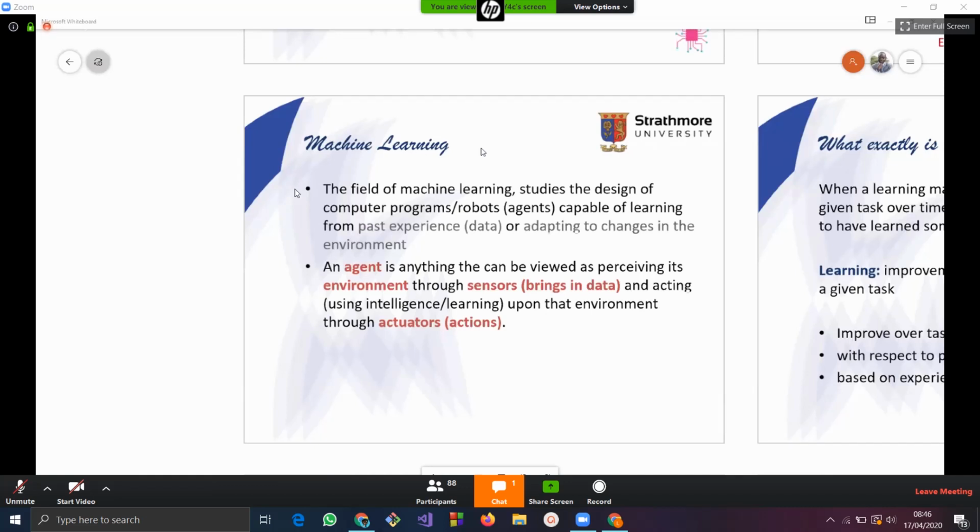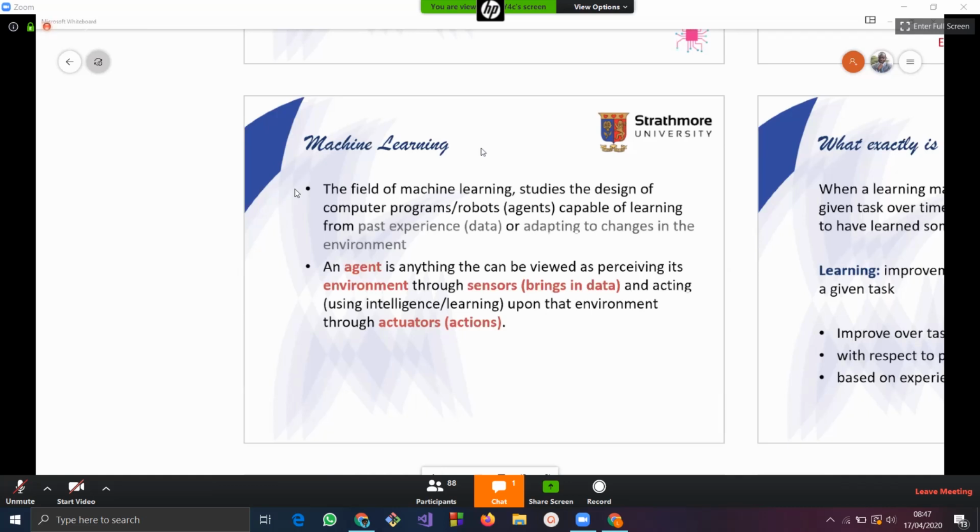Okay. Yes, about the components like actuators, agents. Yeah. Very good. There was something called an agent, right? Thank you for the comment.